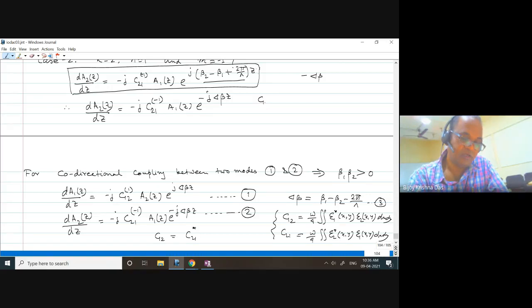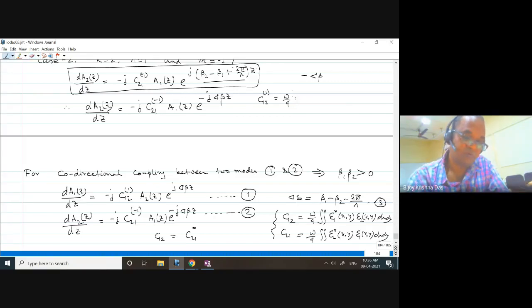C12 should be omega by 4, and then integration here, instead of 1, we will be writing B1, because it is a constant, so I can put it outside.